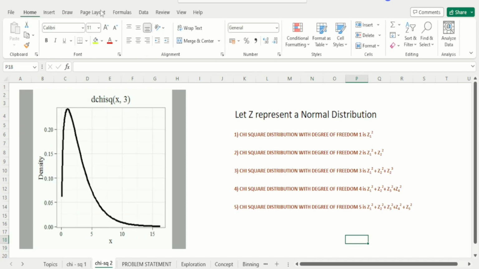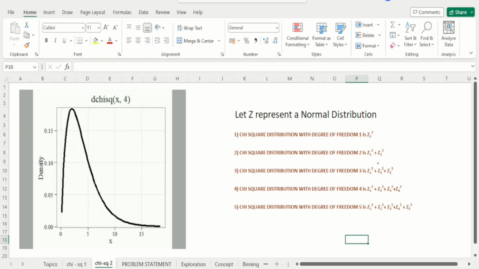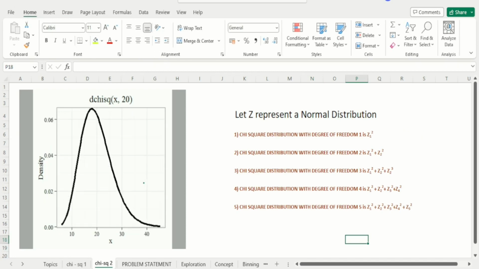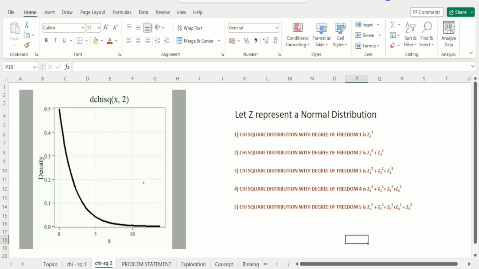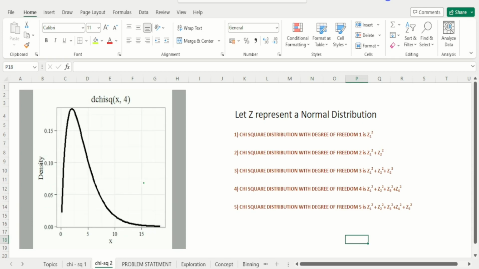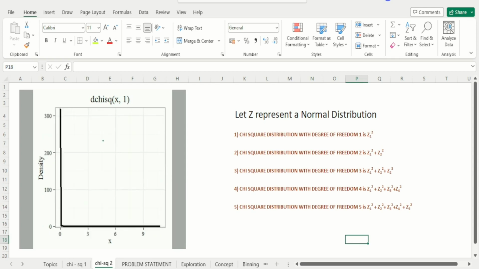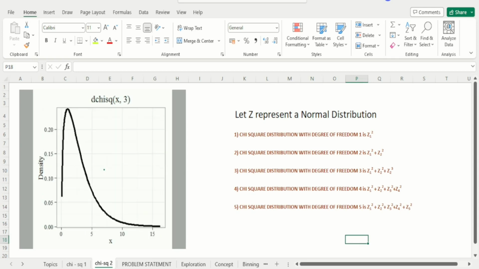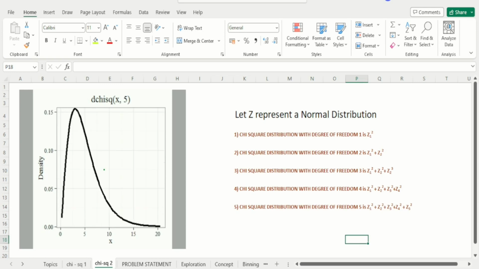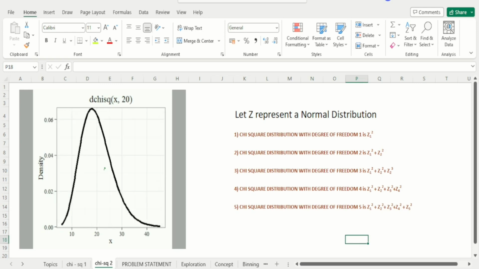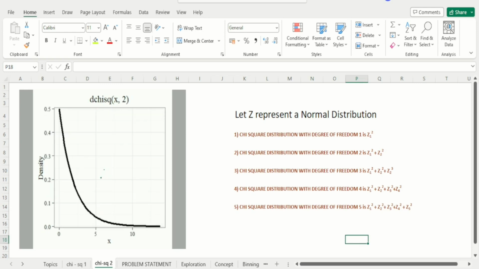So what you have on the left-hand side is an image or a small GIF video which shows you how the chi-square distributions will look like. So what you see right now is the moving image, which gives you an idea as to the different pictures around this.